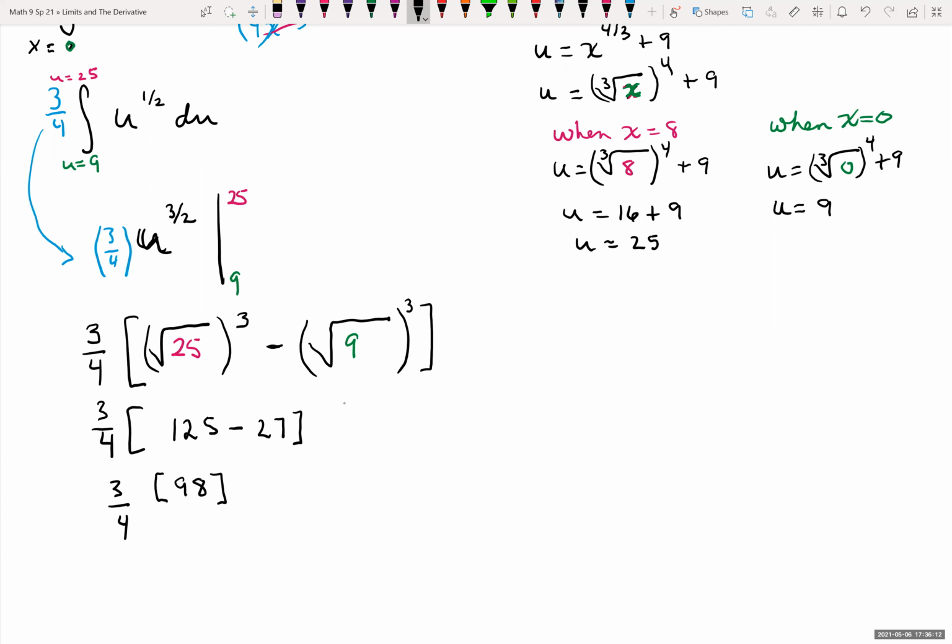I know that they both have a 2 in common at least. 2 goes into 4 twice, and 2 goes into 98 49 times. So 3 times 49. 3 times 9 is 27, carry my 2. 3 times 4 is 12 plus 2. So that's 147 all over 2. Or if we want to write it as a mixed number, that's 73 1/2.